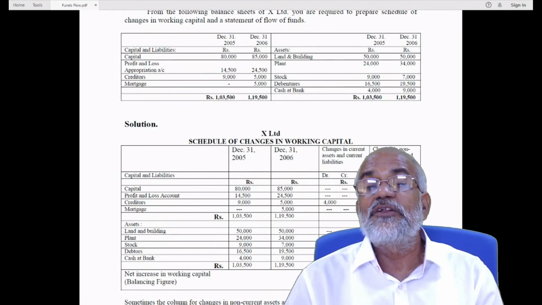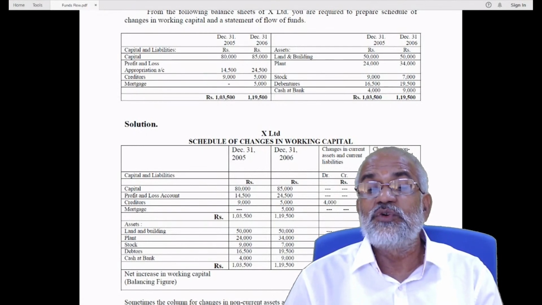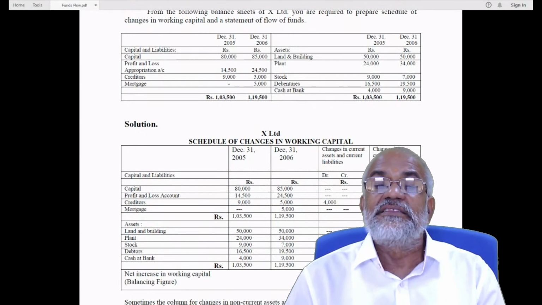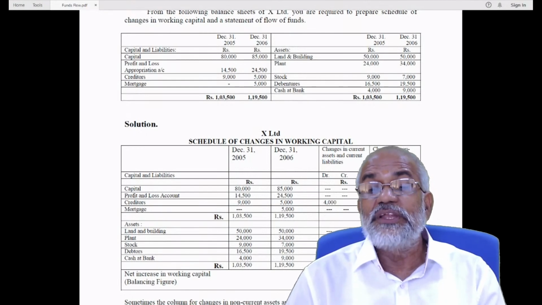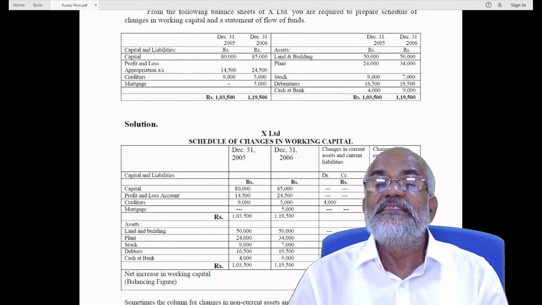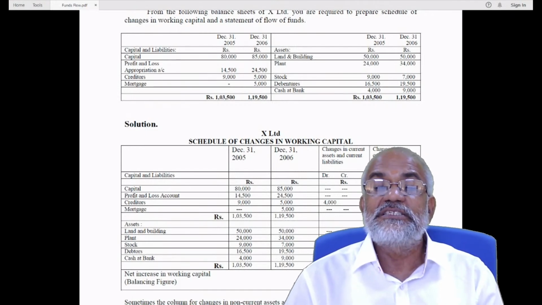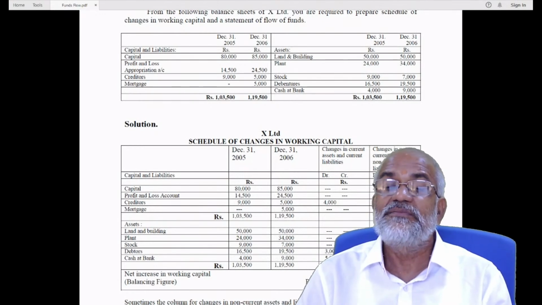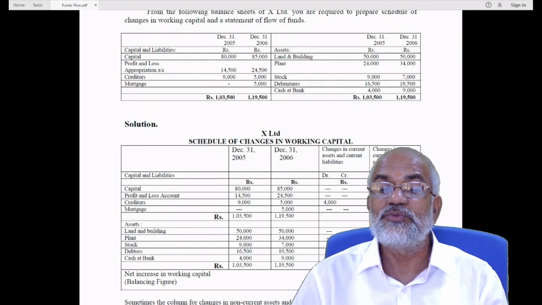Then the debit column of the non-current category totals 10,000, land and building. And the credit column of the current category comes to 2,000 rupees. And the debit column of the current category comes to 12,000 rupees: 4,000, 3,000 plus 5,000.